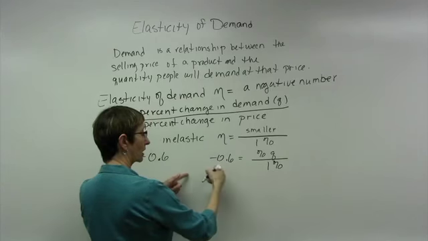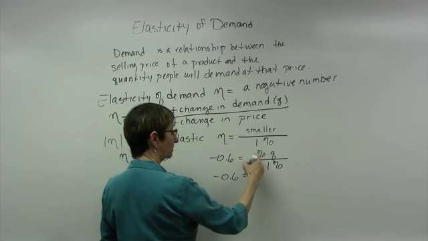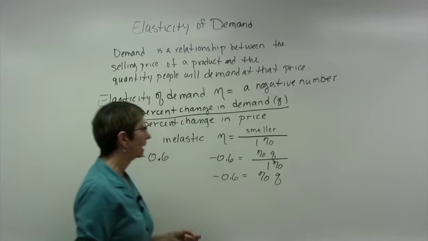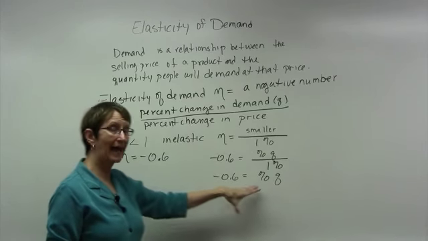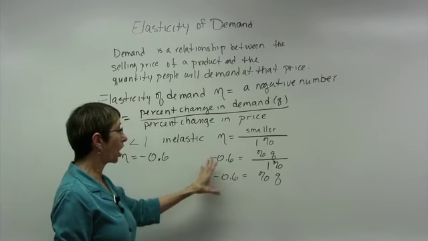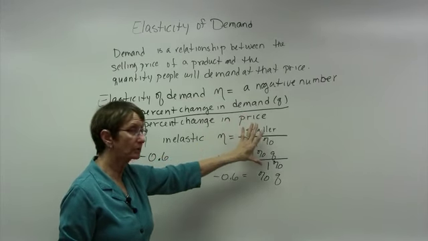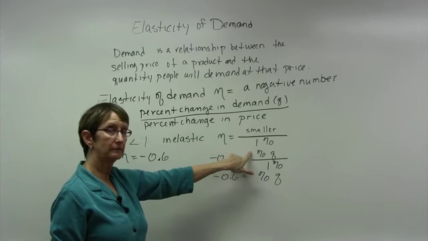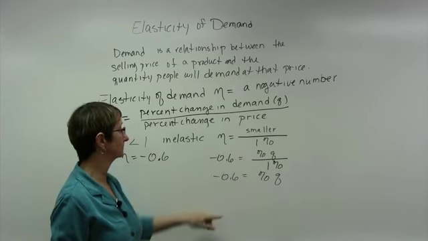When I multiply across, negative 0.6 would be my percent change in Q. And so I have a negative number, which is what I have to have, because demand is a decreasing function, and if the denominator is positive, then the numerator is going to be negative.